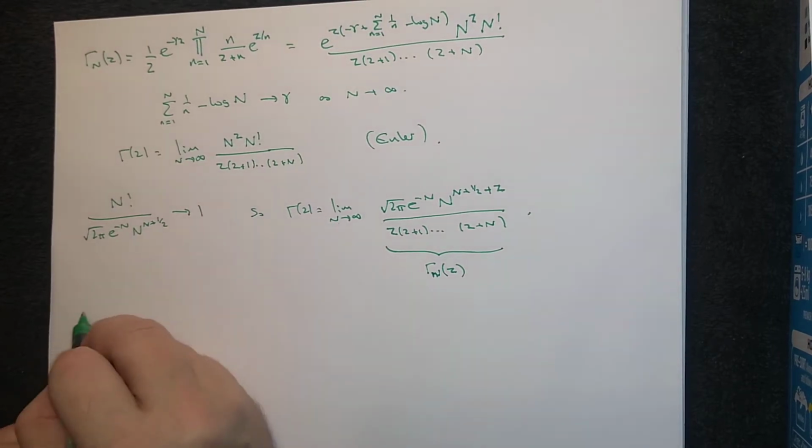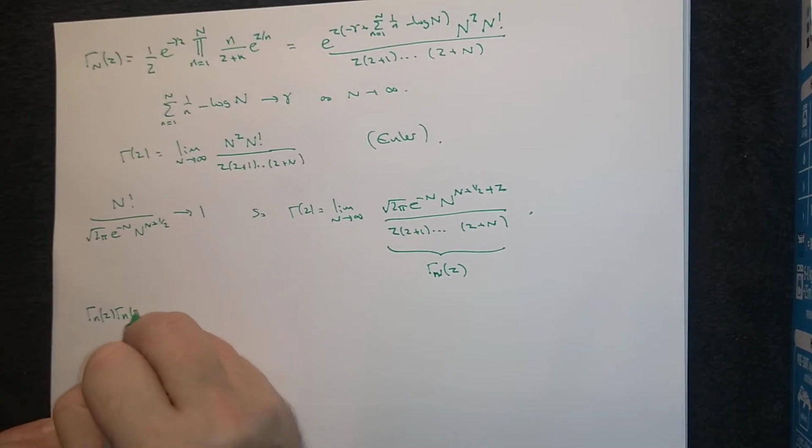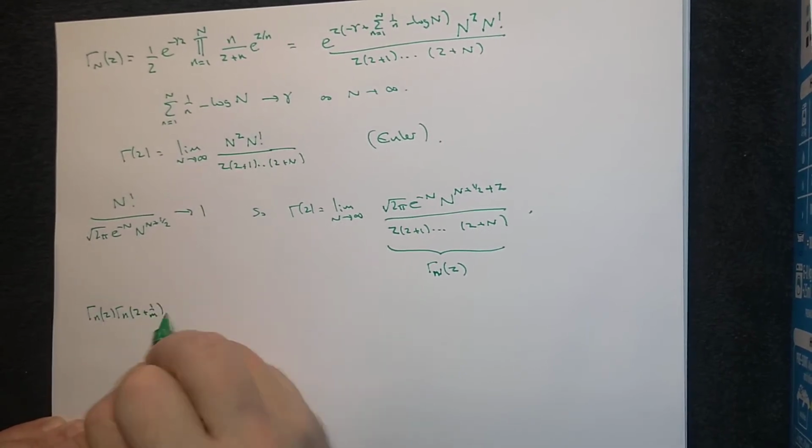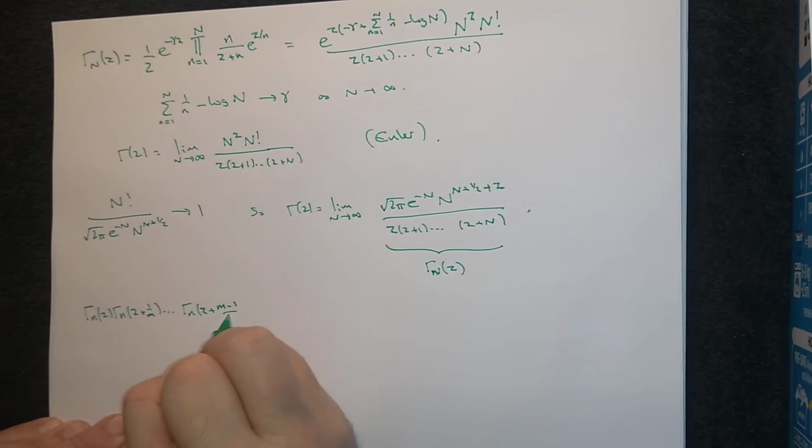Okay, we want to look at gamma n of z, gamma n of z plus 1 over m, up to gamma n of z plus m minus 1 over m.